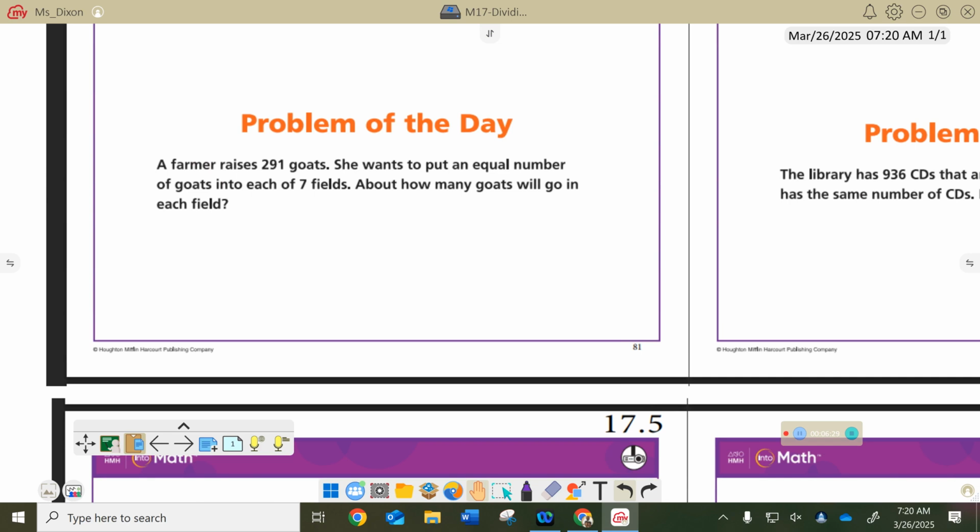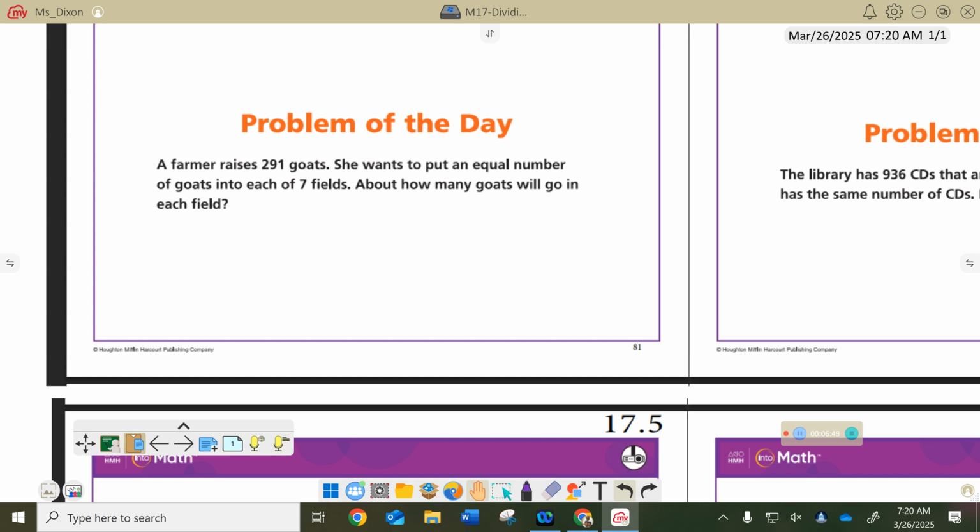On page 81, we are working with a word problem. It says a farmer raises 291 goats. She wants to put an equal number of goats into each of 7 fields. About how many goats will go in each field?